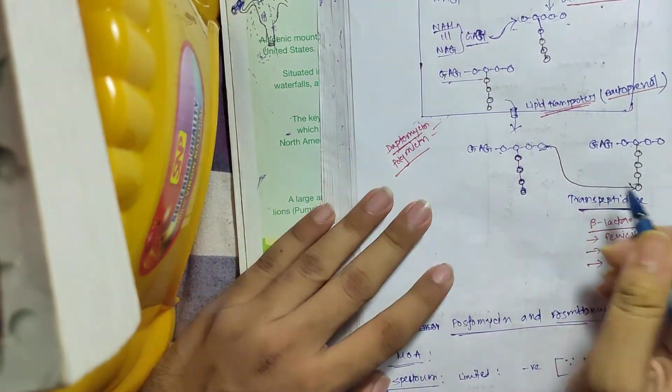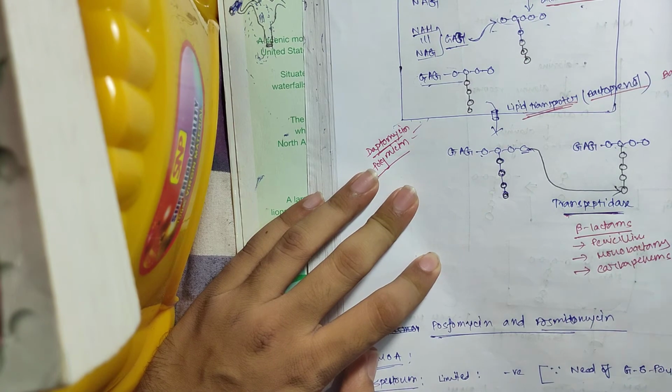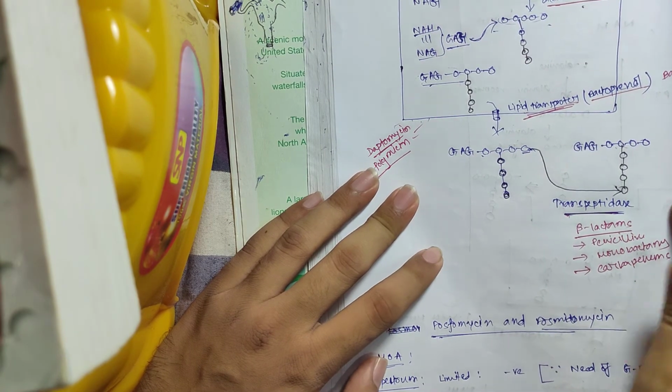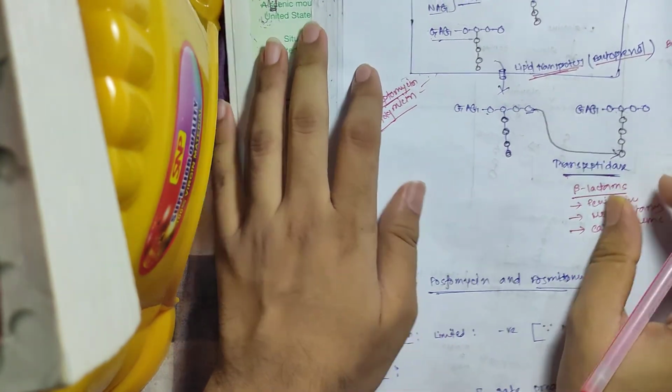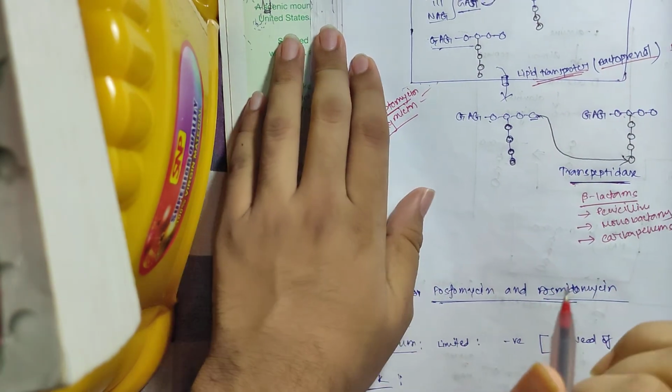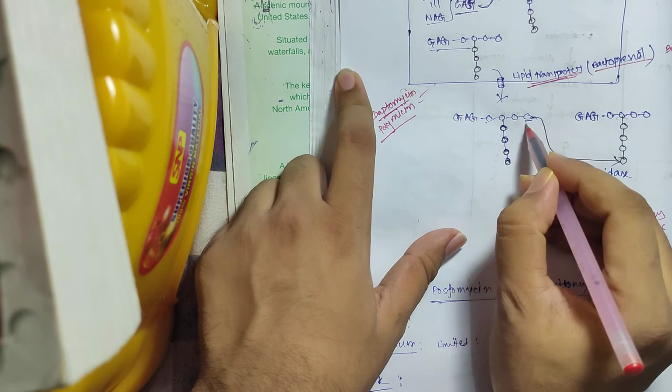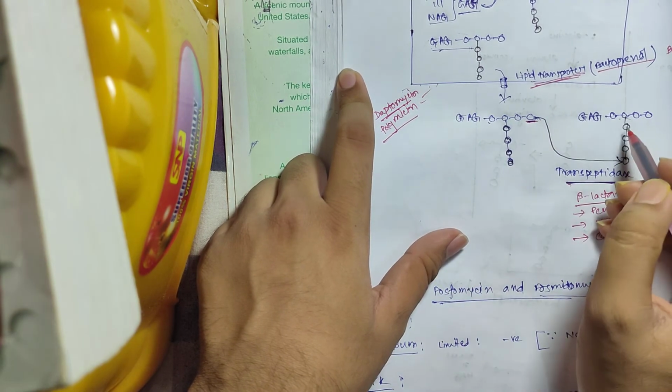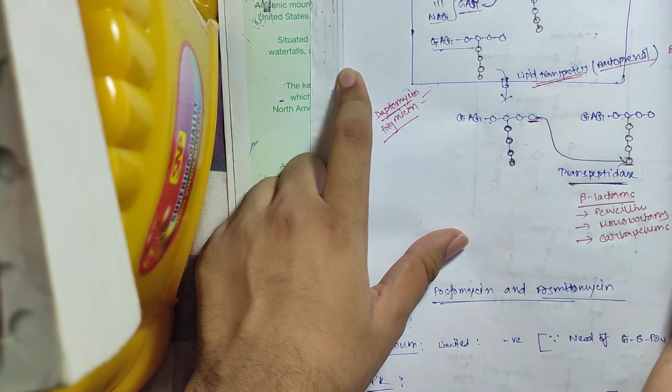Now one thing I have not told you here, that we can inhibit the transpeptidation by another drug. What is that? Guys, this is the alanine molecule, right? And this is the glycine.